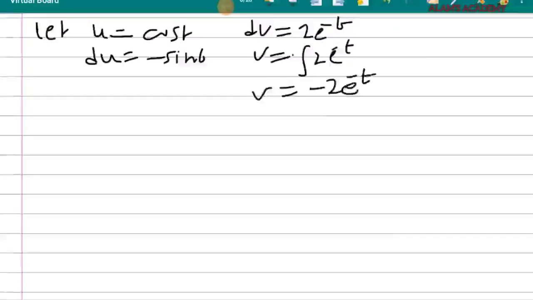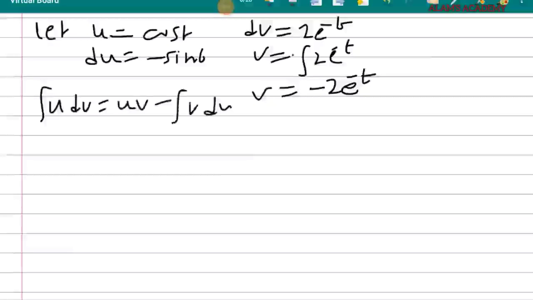Now again, we substitute inside the formula, that formula which says the integral of u dv is equal to uv minus the integral of v du.